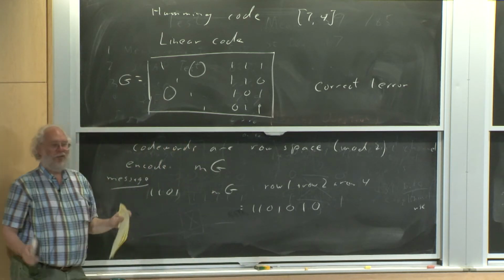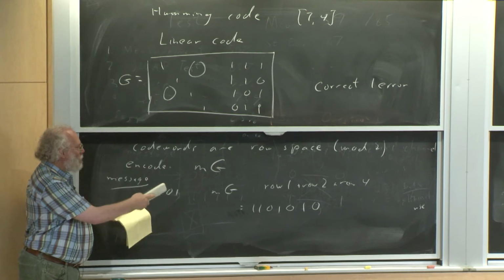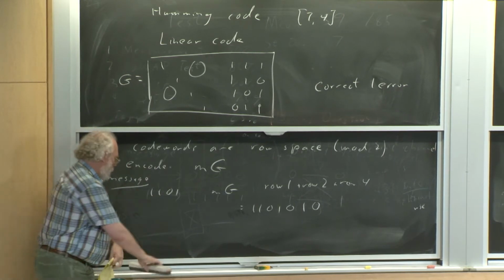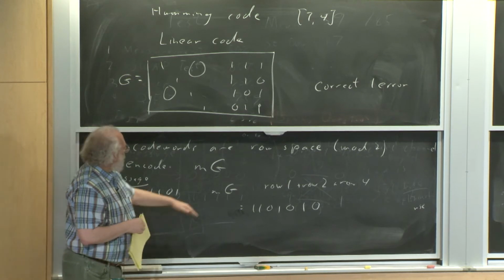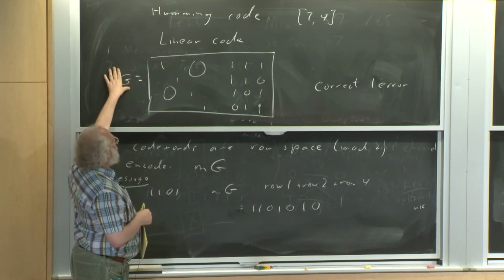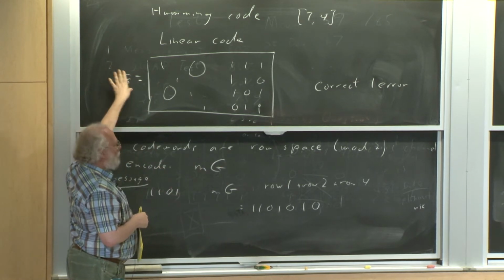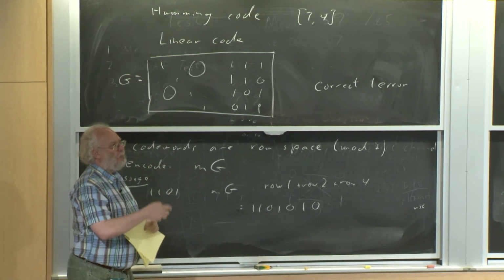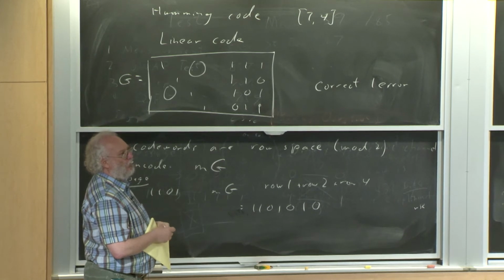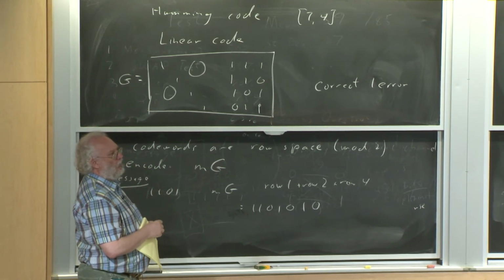So this is how you encode. And for linear codes in general, you can always find a generating matrix and encode by multiplying the message by the generating matrix. Yeah? So in this case, you're basically just transmitting the original message plus some sort of checksum.